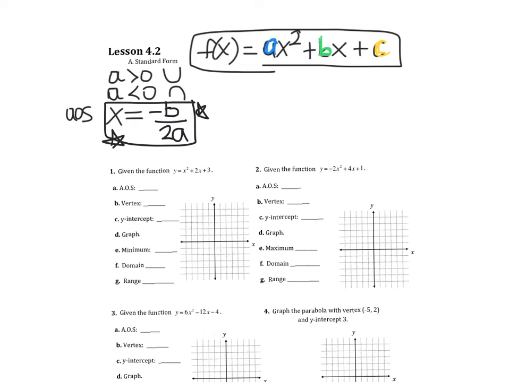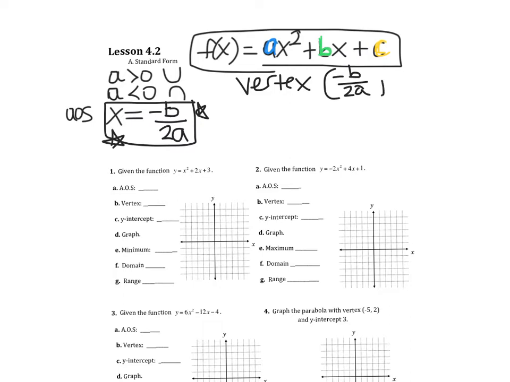Now, in order to find the vertex of our parabola, we're going to take that x equals negative b over 2a. That's going to be our h value in the vertex. Remember that when we did the vertex form, we found h first, and then the axis of symmetry is x equals h. Now we're finding the axis of symmetry is negative b over 2a, so we're going to put that in the x coordinate for our vertex.